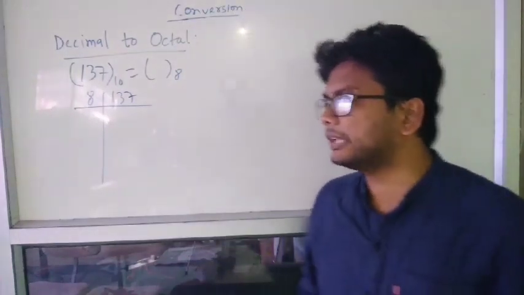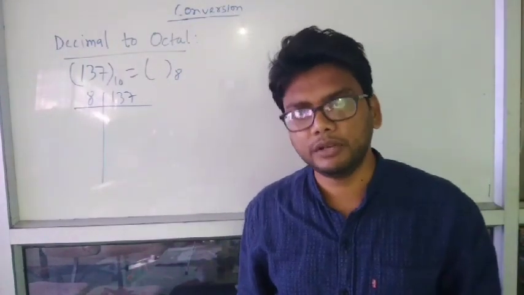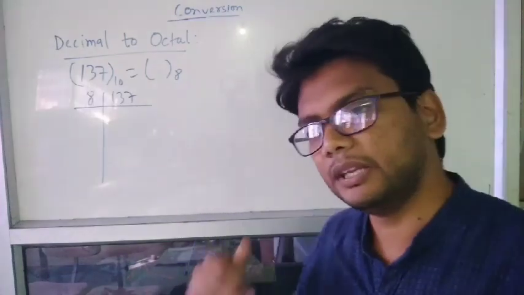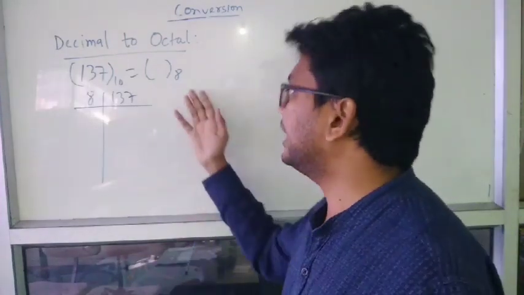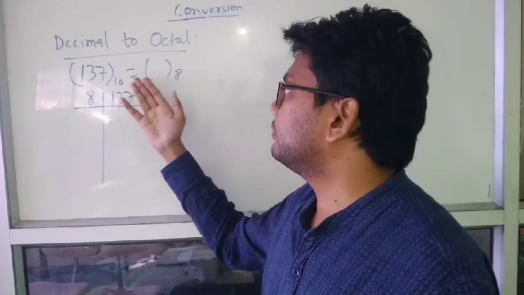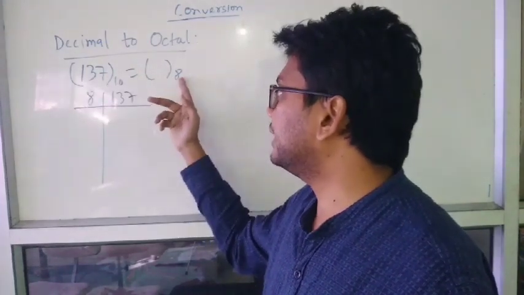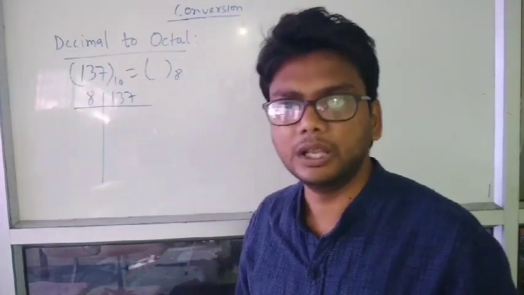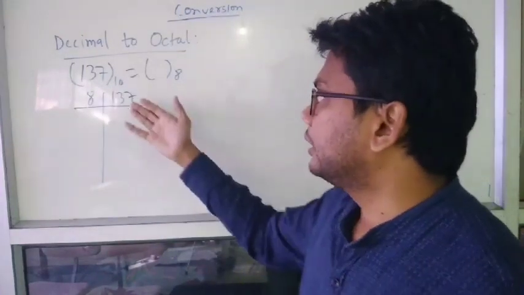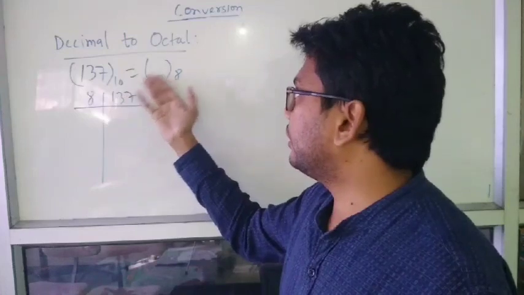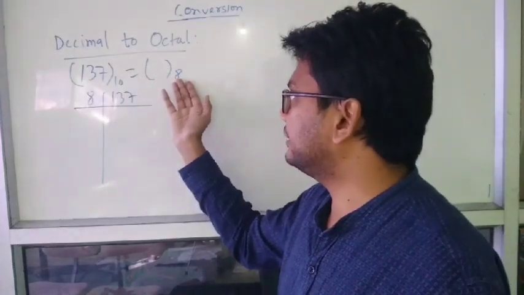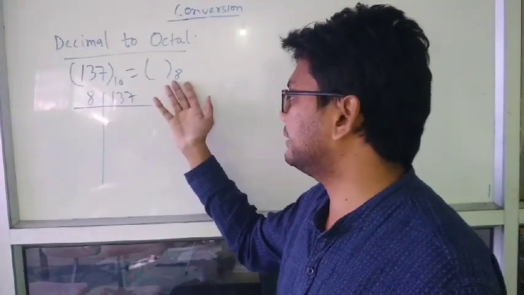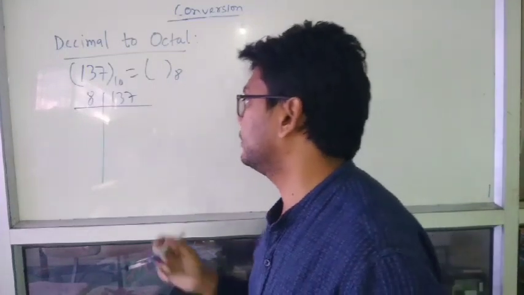If we want to convert any decimal number system to any other radix, in that case we have to divide that number by that radix successive times. Like if we have the number 137 and want to convert it into octal, we have to divide this particular number by radix 8 successive times.